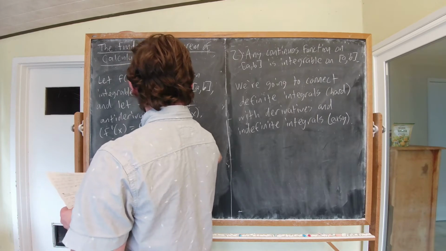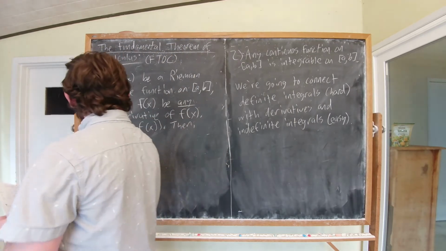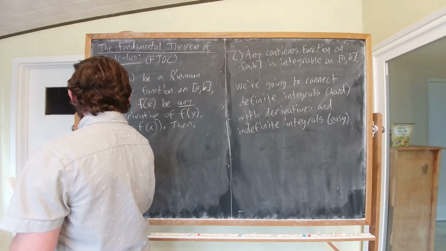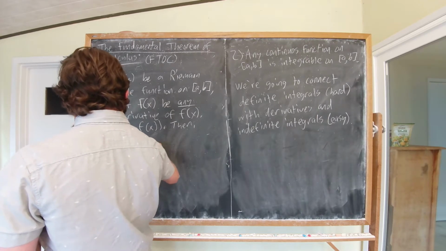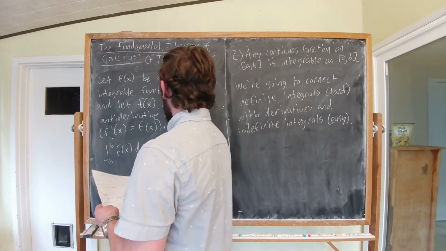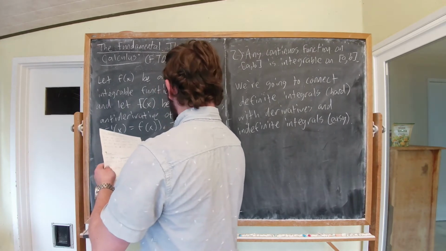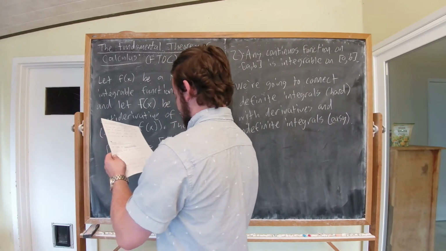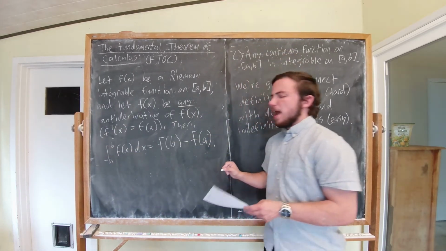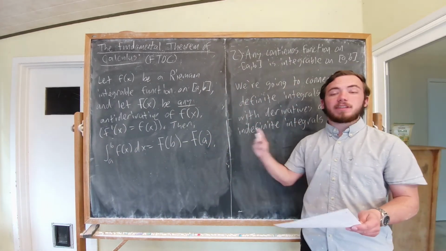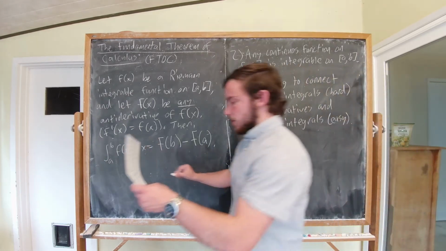Then, the definite integral from a to b of f of x dx is capital F of b minus capital F of a. And let me introduce a piece of notation, and then we'll talk a little more about what this means.